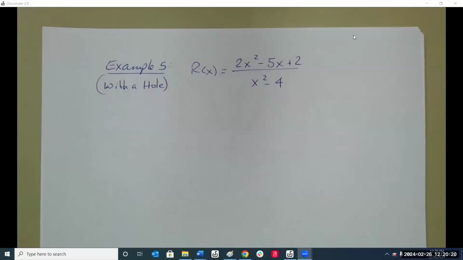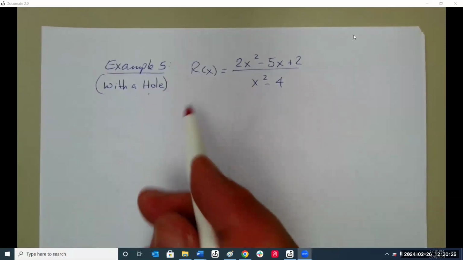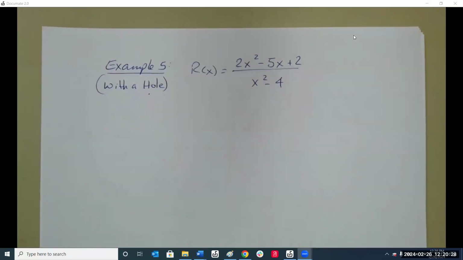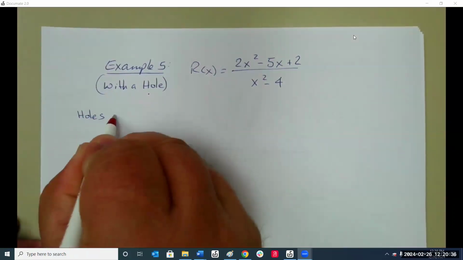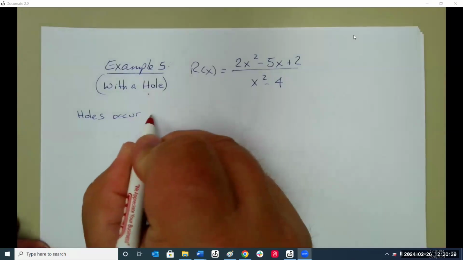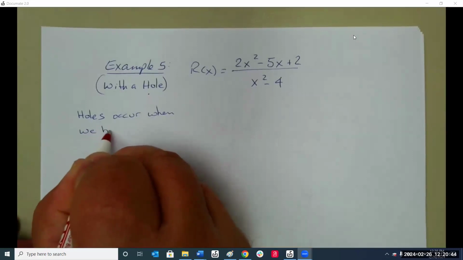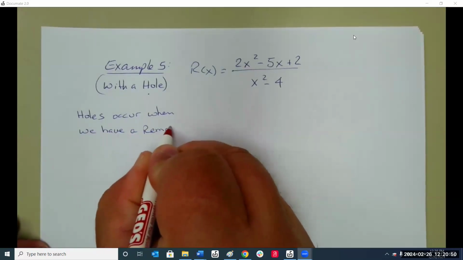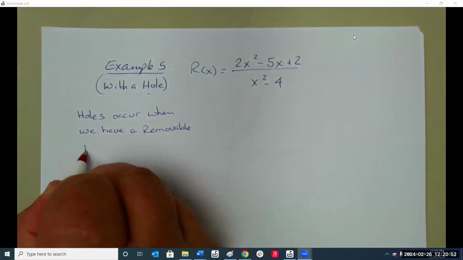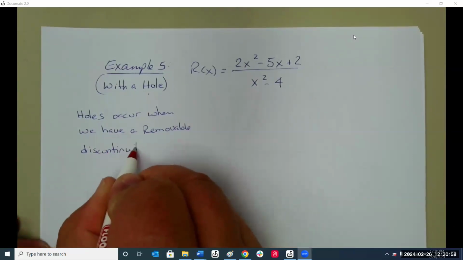Okay, my question is here, how do we define a hole? How do we get a hole on our graph? Holes occur when we have a removable discontinuity.